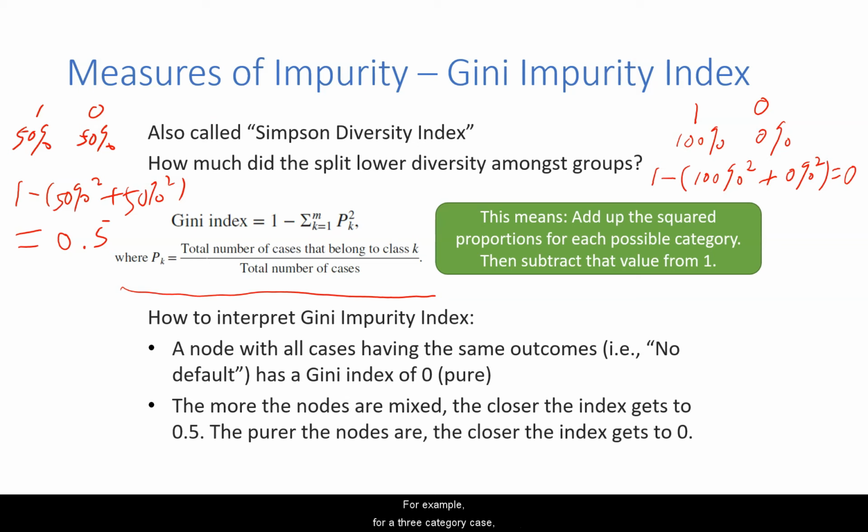For example, for a 3-category case, the most impure partition would be a 1/3, 1/3, and 1/3 distribution, and that would lead to a Gini index of 2/3, or 0.67. So in a 3-category case, the Gini index would range from 0 to 0.67.